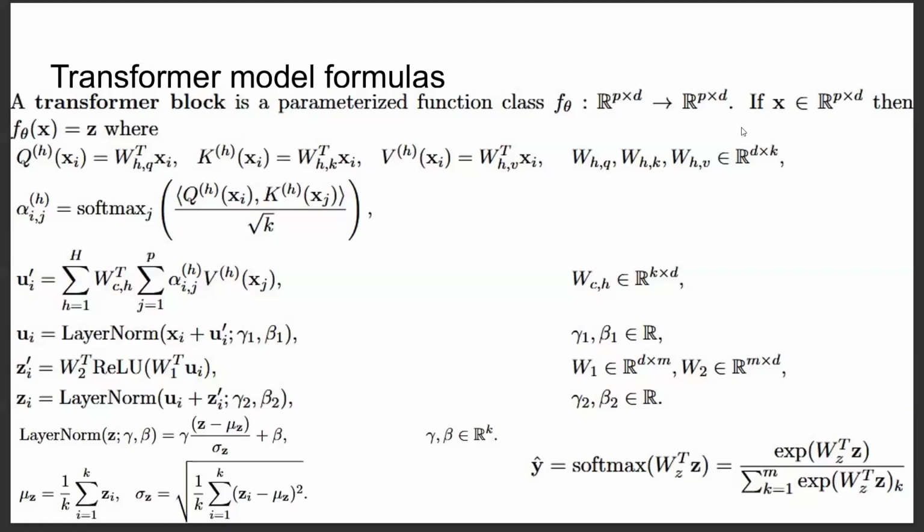We put an input x through three linear transformations, namely queries, keys, and values, which are denoted by Q, K, and V.